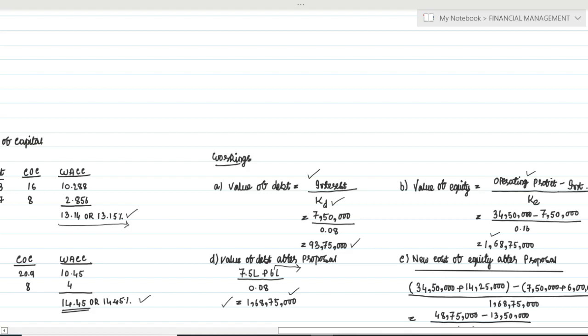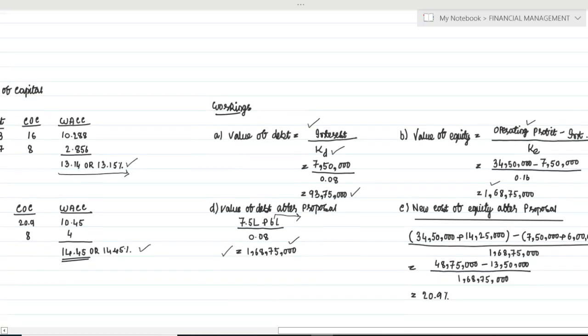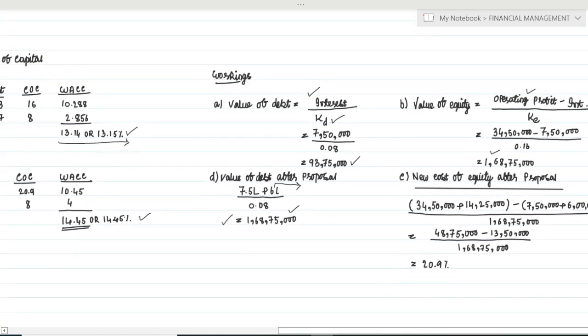In case of new cost of equity after proposal, this will be the formula.